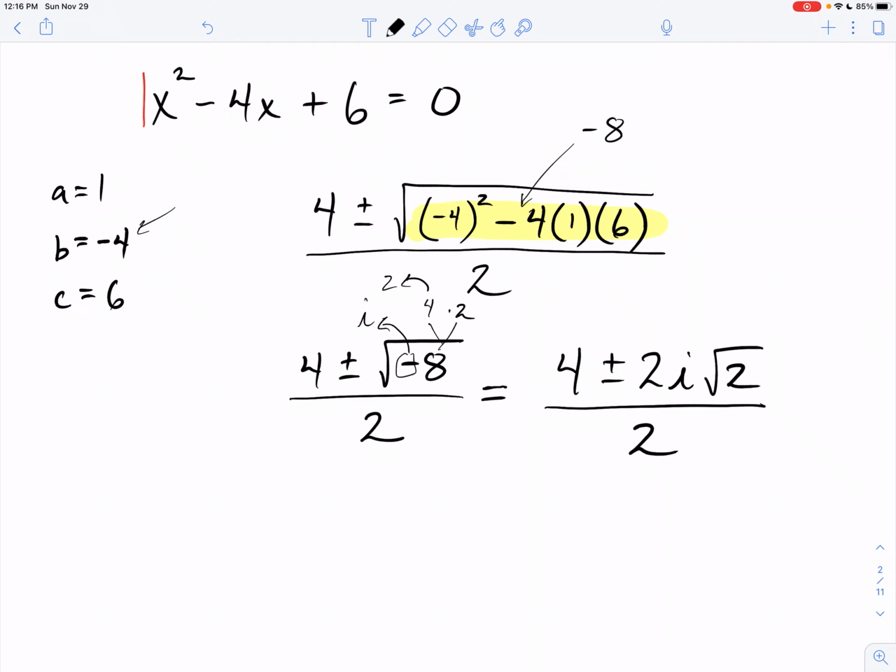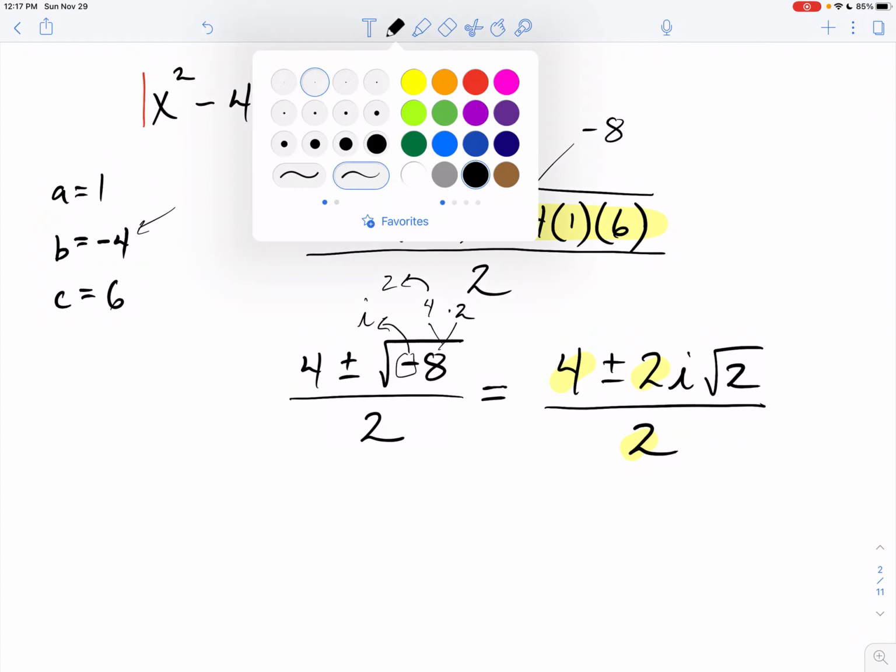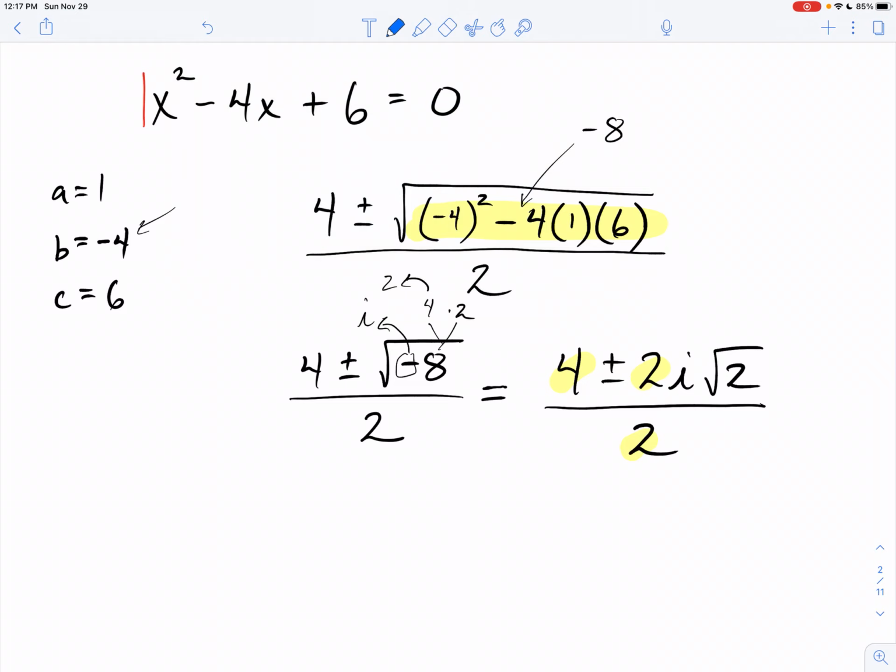Now remember, don't jump the gun on me. Don't be, oh, I'm going to knock those two guys out. No, no, no. You don't get to reduce until you see 1, 2, 3 outside numbers. Now I see 3 outside numbers, and I'm asking you, can I reduce it? And hopefully you are saying yes, because 2 goes into itself once, 2 goes into that once, 2 goes into that twice.